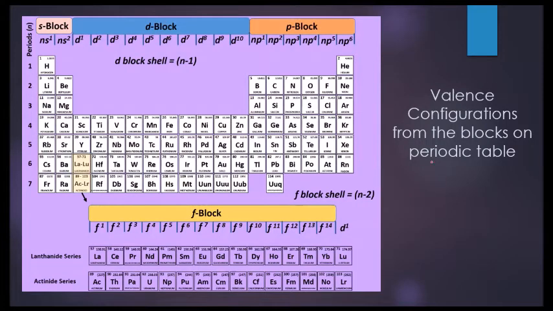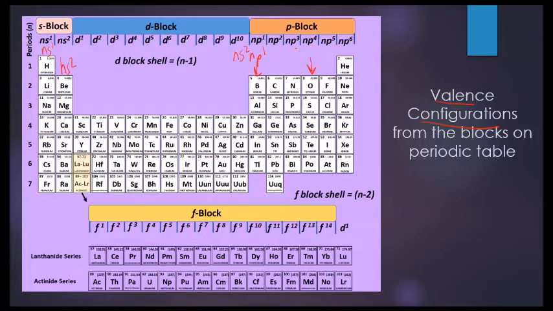One thing to review, of course: the valence configurations are due to the blocks on the periodic table. The S block, these guys are ns1. These would be ns2. The boron group has 3 valence electrons, ns2 np1.